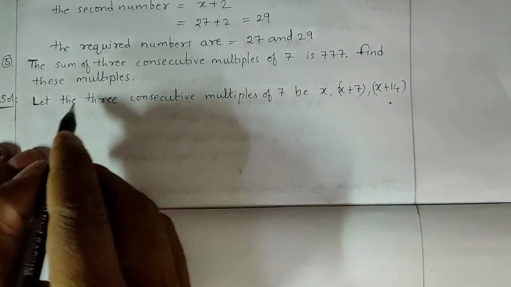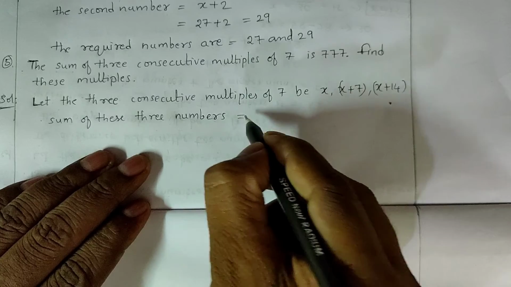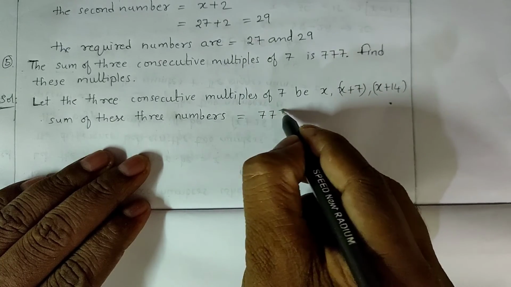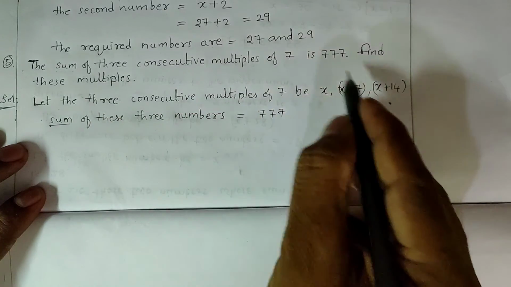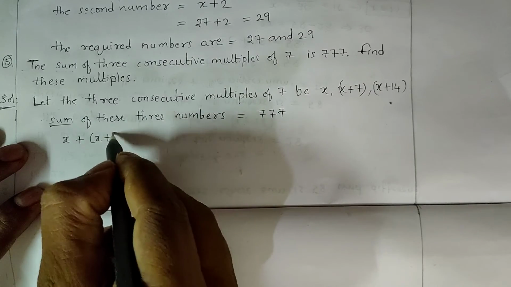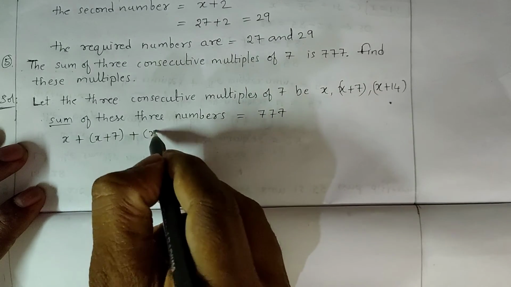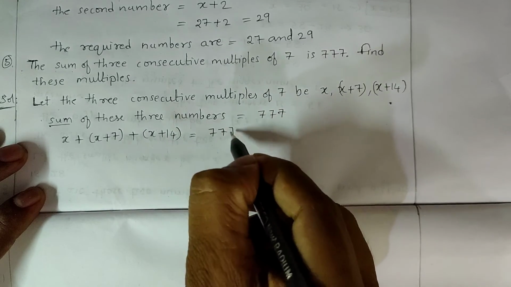So let us write the sum of these three numbers equals 777. Since it is a sum, you have to add all these three numbers. So x plus x plus 7 plus the third one x plus 14 equals 777.